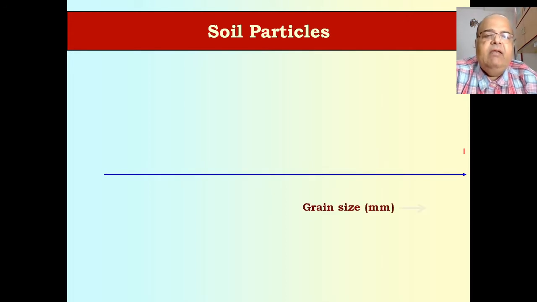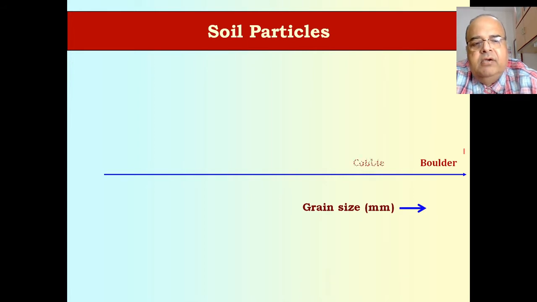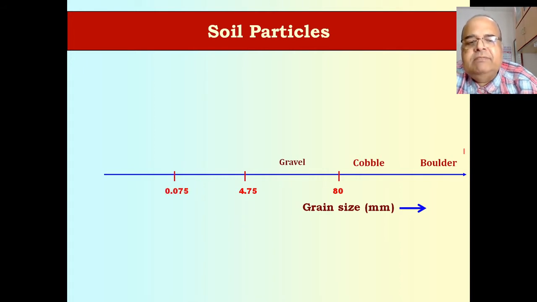First, let us understand the basic soil particles. Here on the screen you can see a grain size scale indicating the various soil particles, and we'll also try to understand what are cohesive soils and what are non-cohesive soils on the basis of particle size.